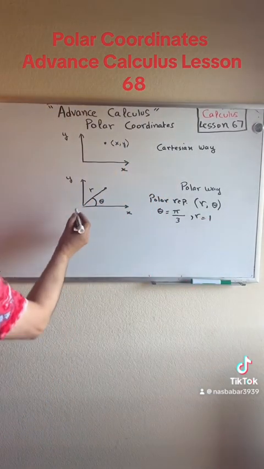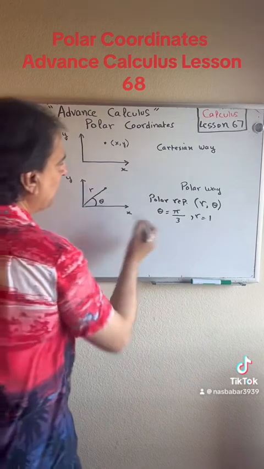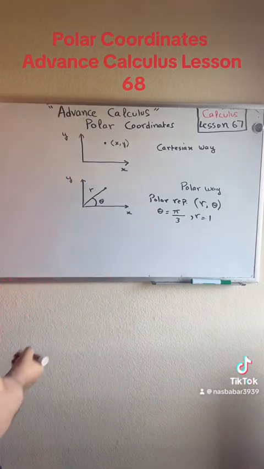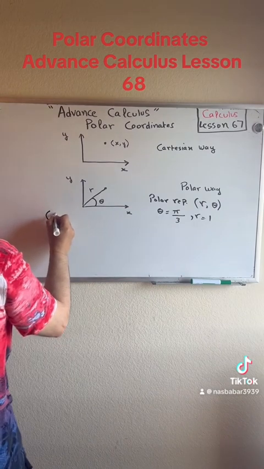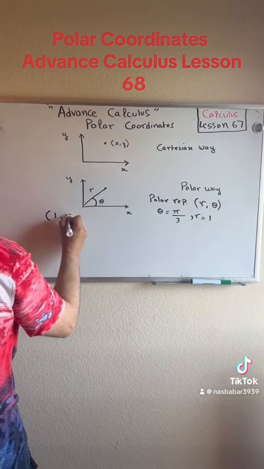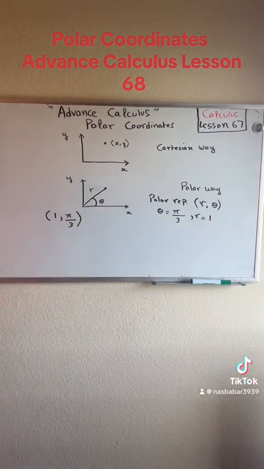This length from here to here is 1, and this angle right here is pi over 3. How can I write this in polar way? I can write this as (1, pi over 3). This is the polar way of representation.